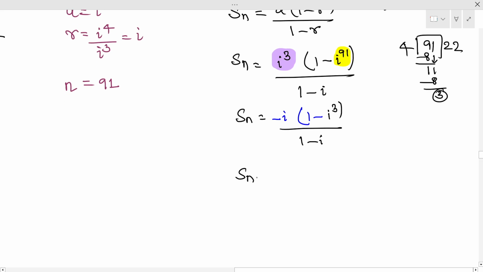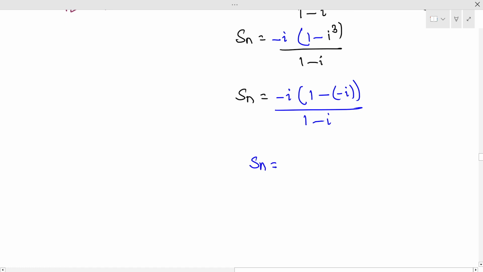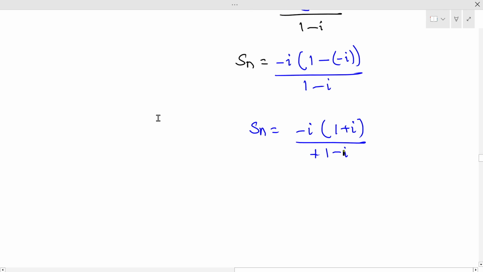So my Sn will be equal to -i(1 - i³)/(1 - i). So this i³ is -i, so my Sn will be -i(1 + i)/(1 - i), right? Now that we have solved it, let's see.